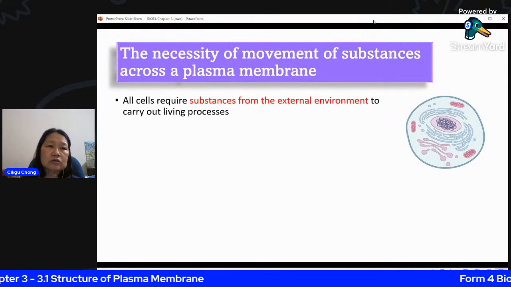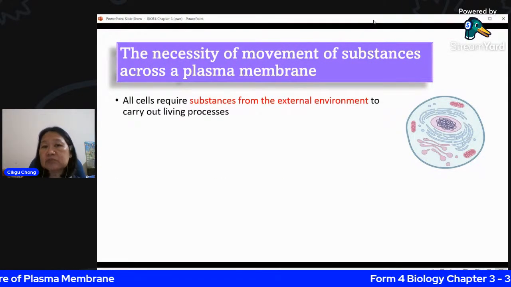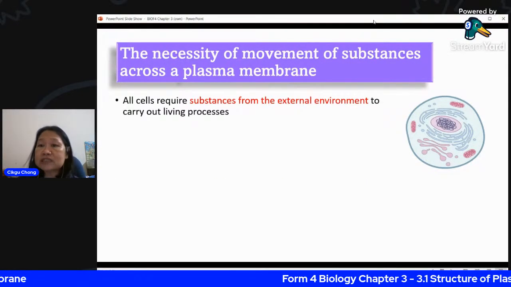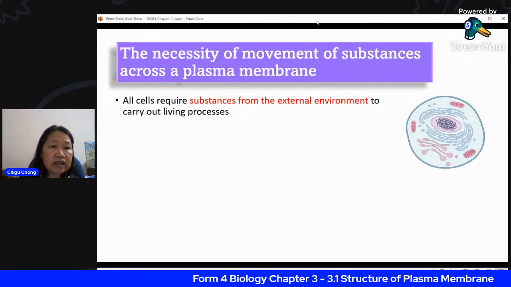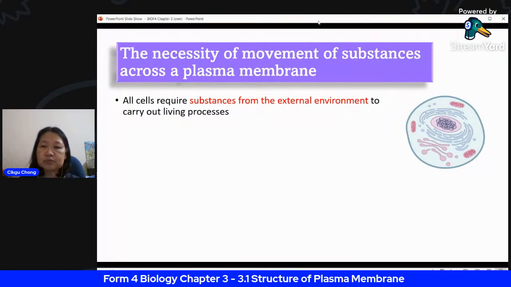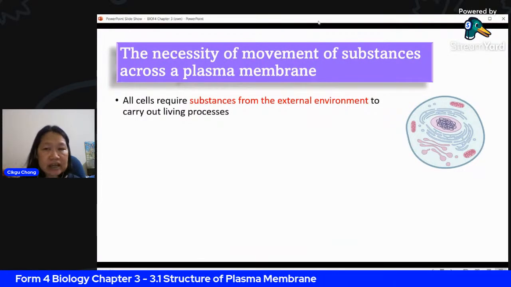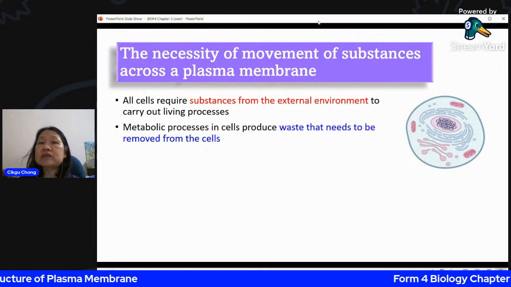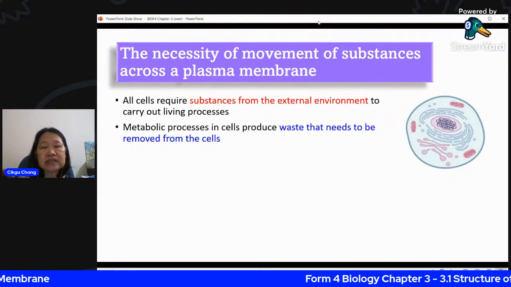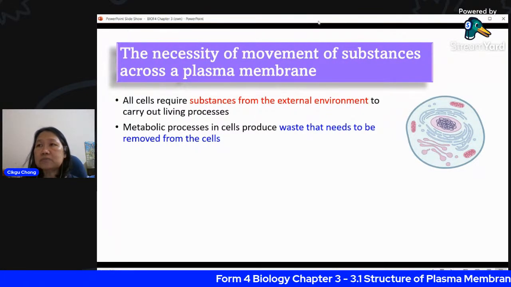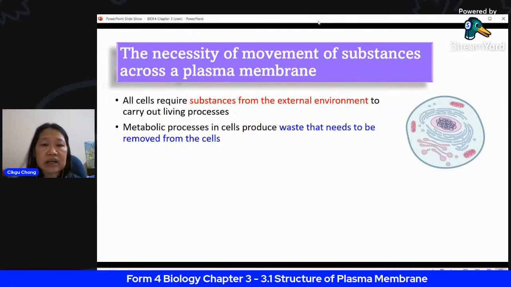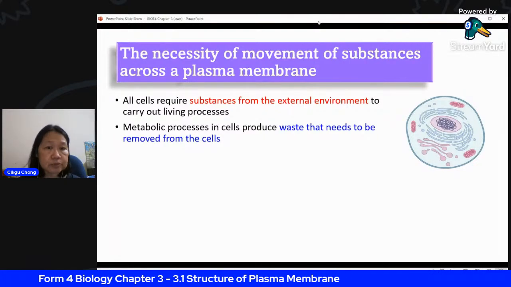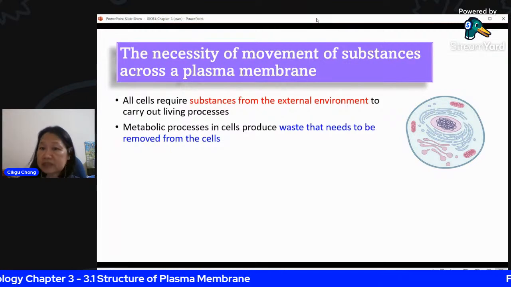Now, all cells require substances from the external environment, that means outside the cell, so that the cell can carry out the living processes, like respiration, producing energy, and so on. At the same time, metabolic processes produce products like carbon dioxide, which is a waste product, and it needs to be removed from the cell.